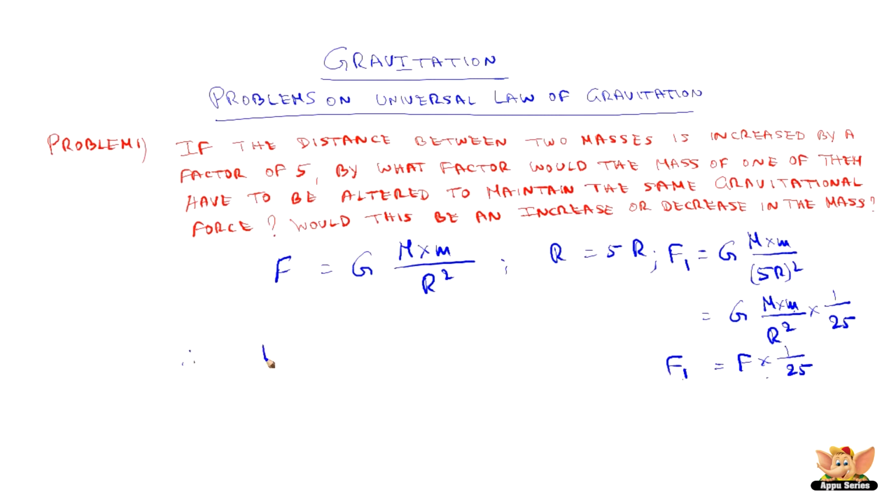So to make F1 equal to F, capital M or small m needs to increase by 25 times. So it gets cancelled and we will be left with the same force.